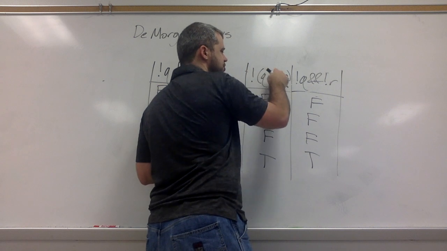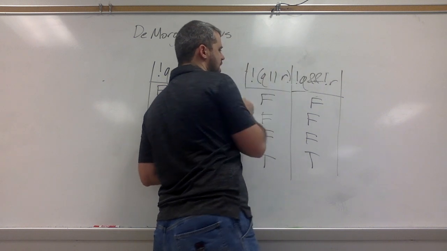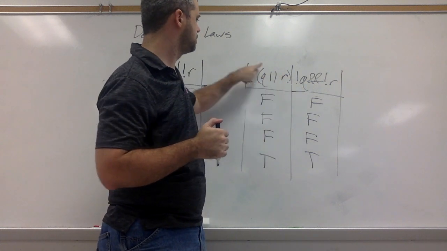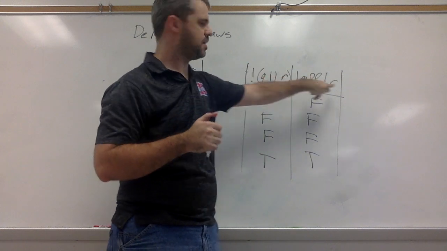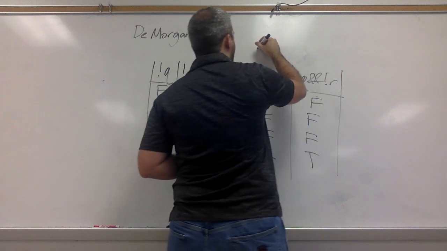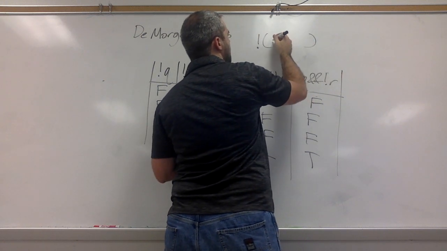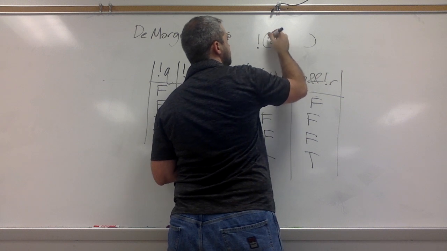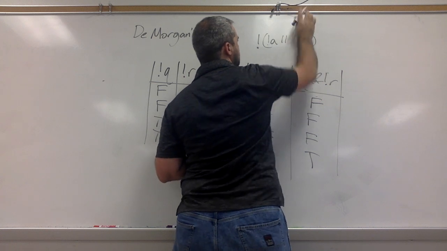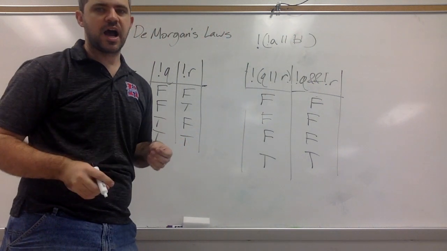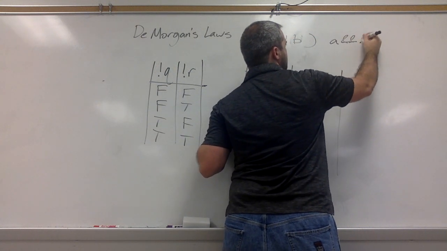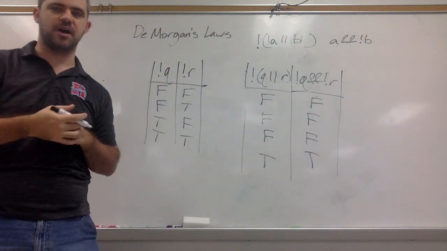Again, you can pretend like you're distributing this negation. So not Q and not R. So again, if I had a situation where I had not A or B, I could rewrite this as not A and not B.